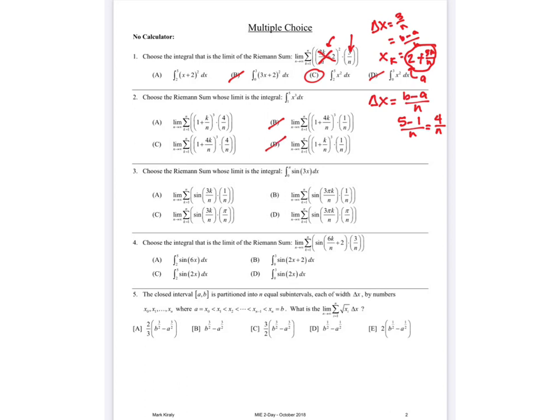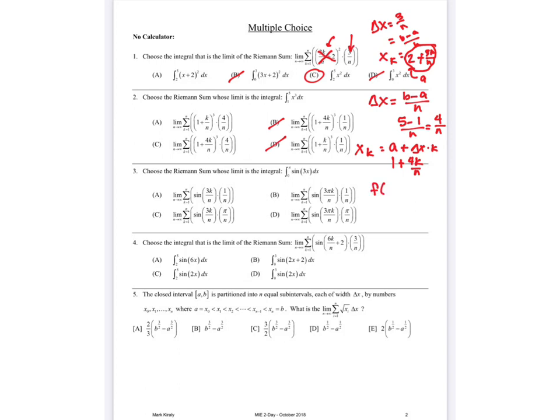Okay. Now let's talk x sub k. X sub k has to be a plus delta x times k. What's a in this problem? 1. So 1 plus 4k over n. That's x sub k.